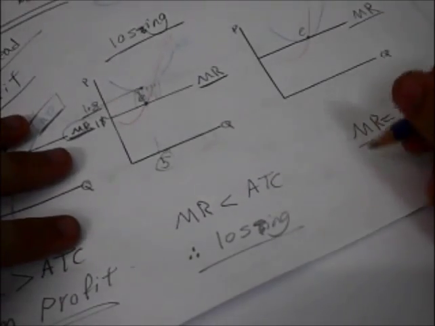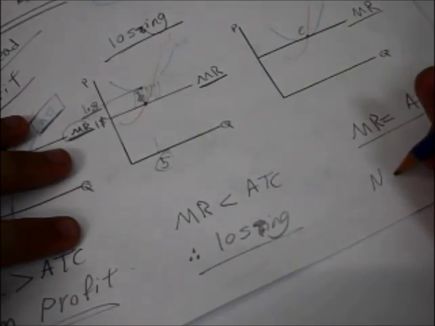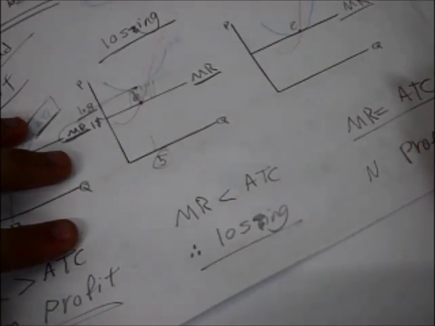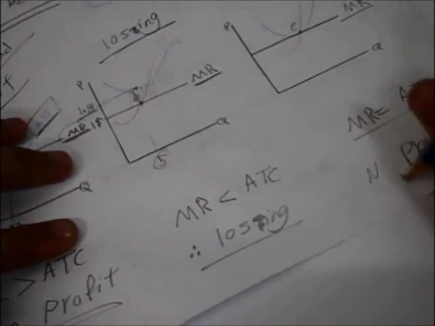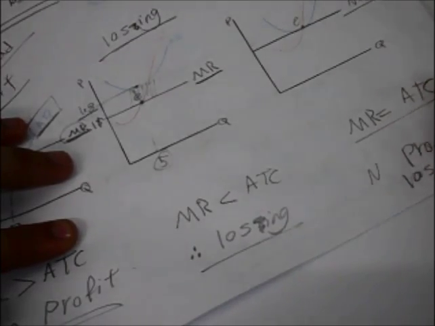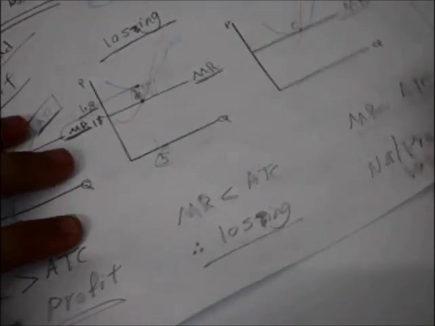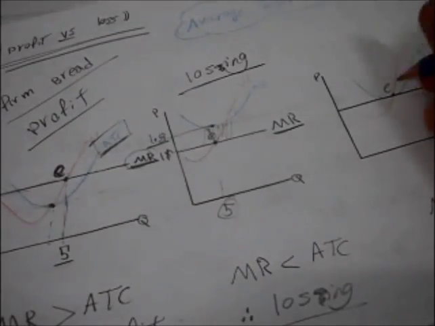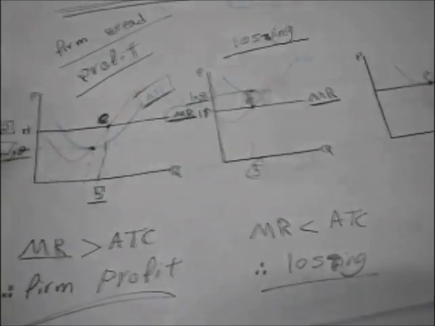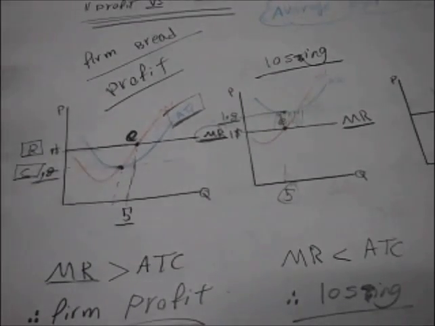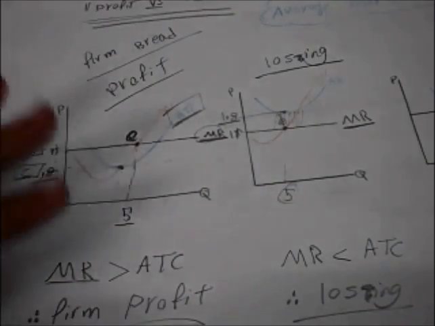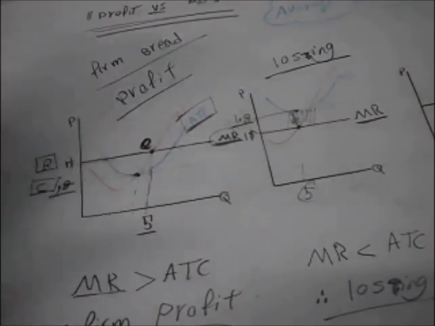So it's not making any profit or losses. It is not making anything, so it is indifferent. I hope by now you understand the mechanism of determining whether the firm is making profit, losses, or not making anything.